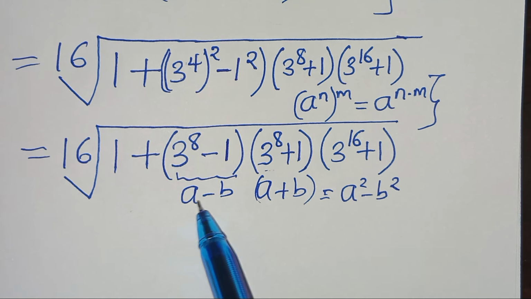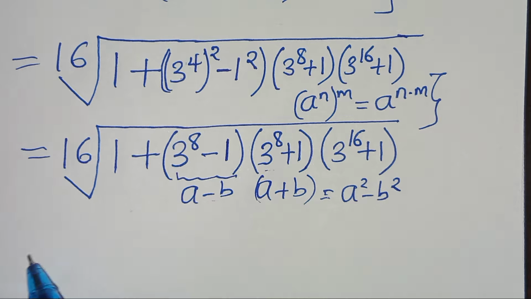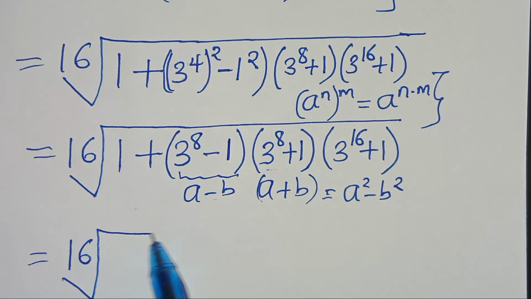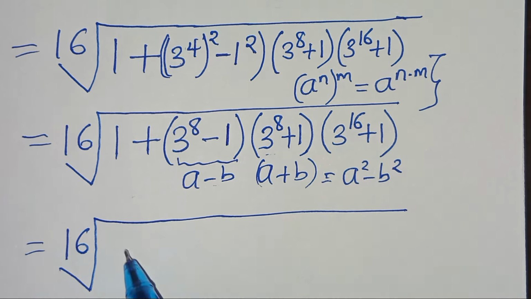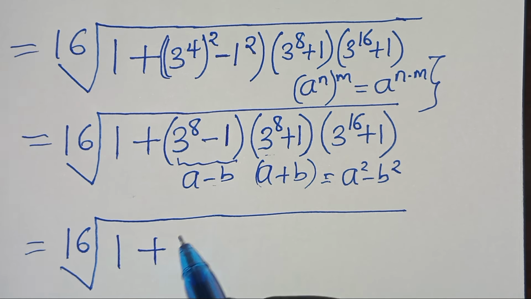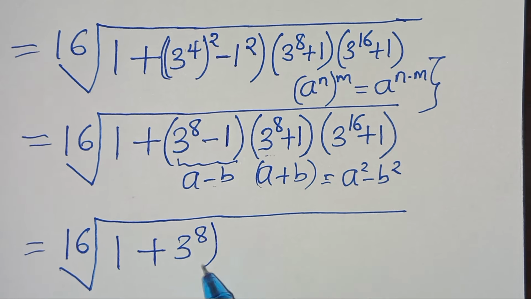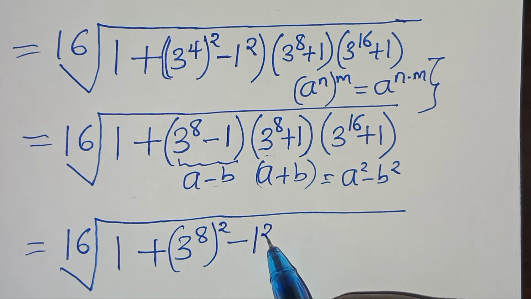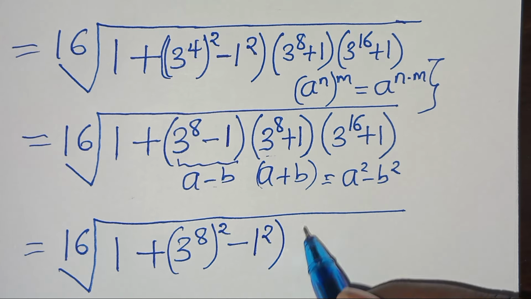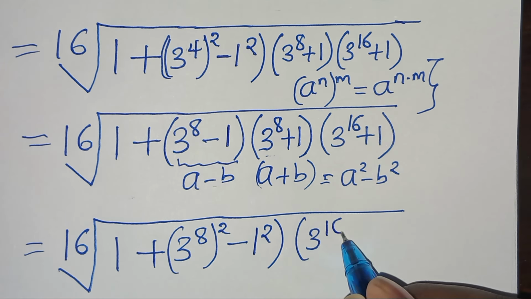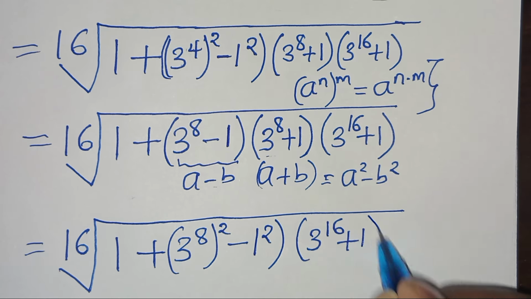Applying this property, we have the 16th root of 1 plus, now this becomes 3 to the power of 8 raised to the power of 2, then minus 1 to the power of 2, close the parentheses, then here we'll have 3 to the power of 16 plus 1.